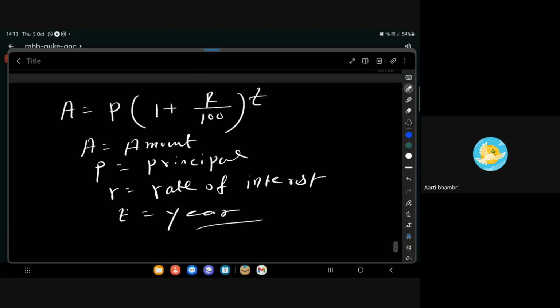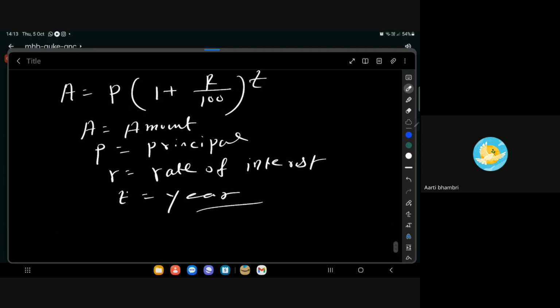And compound interest equal to this amount minus principal, like the previous one. Amount minus principal will give you the compound interest.